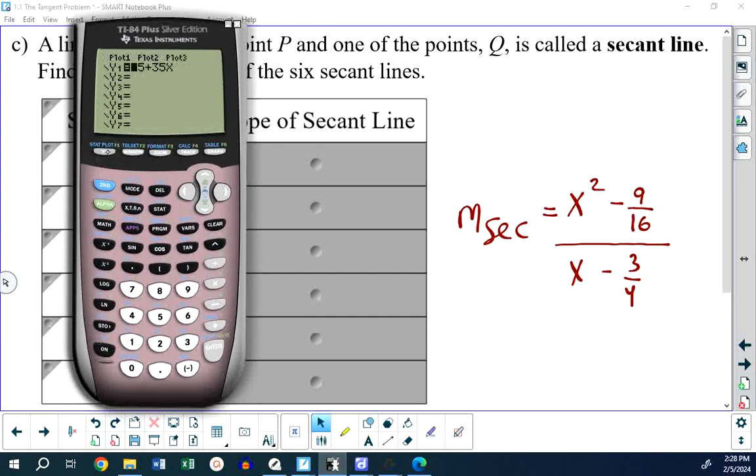So I'm going to put in for y, and this is not y, right? It's just a way for me to enter that expression to evaluate that. This is a function of x that's going to calculate the secant slope. So I'm going to put in brackets x squared minus 9/16 divided by, in brackets, x minus 3/4. And I'm going to set up my table so that I am allowed to enter any value of x.